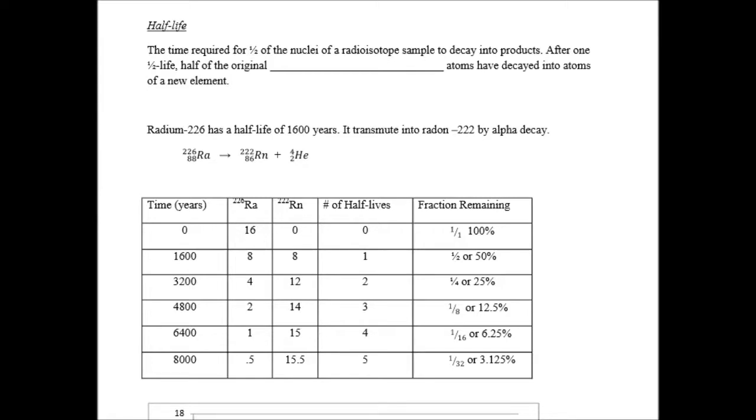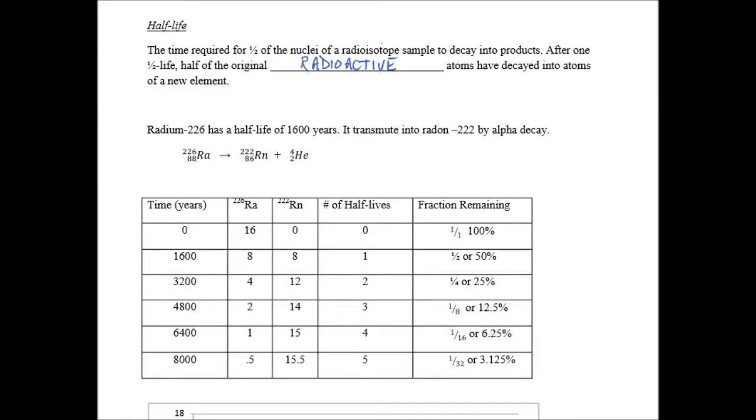When a nucleus decays, it decays according to a half-life. A half-life is the time required for half of a nuclei to decay into products. After one half-life, half of the original radioactive material has decayed into a new element.